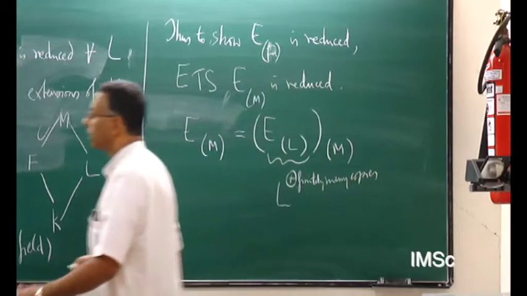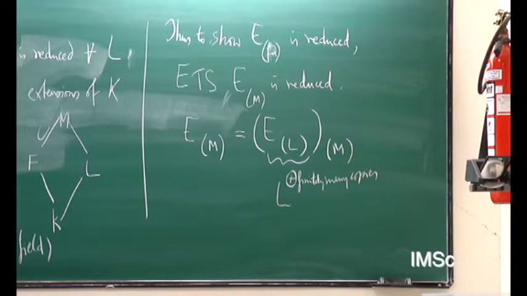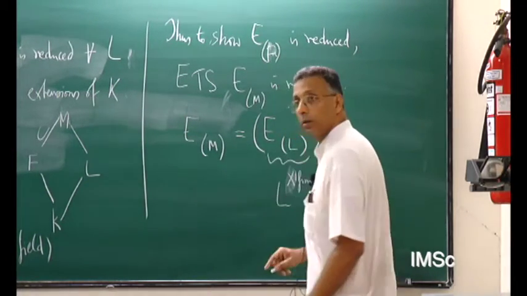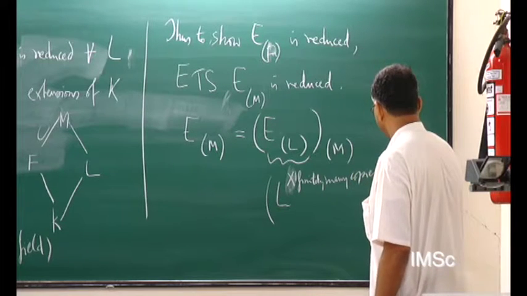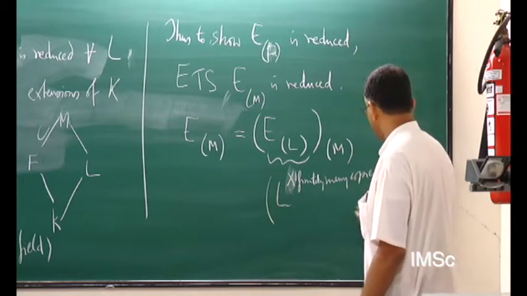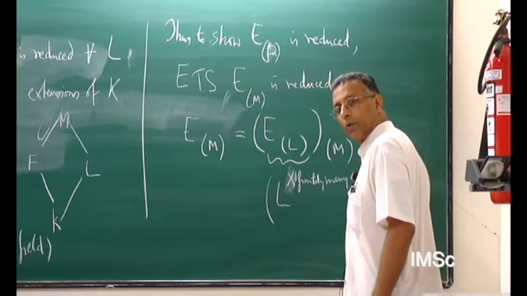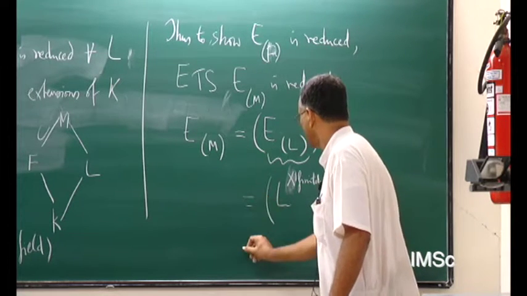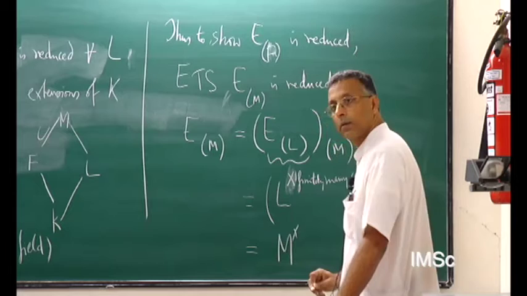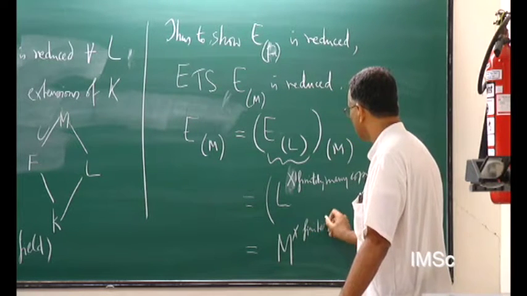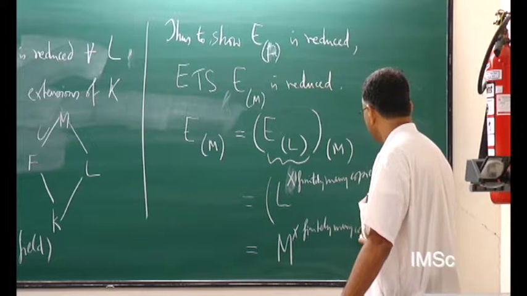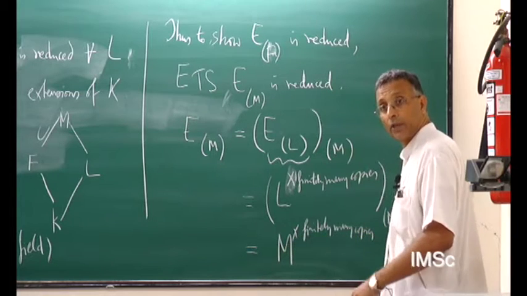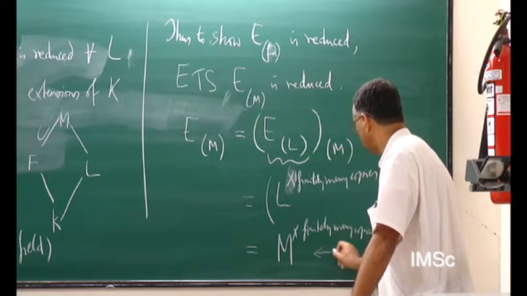I am a little loose about writing cross or direct sum or something. It's just a direct sum or product. Okay, let's write a product if you wish. Right? But that is the same as, tensor commutes with direct sum. So that's same as a product of copies of M, and this is reduced, right, because it's a product of reduced algebras. So this is reduced.